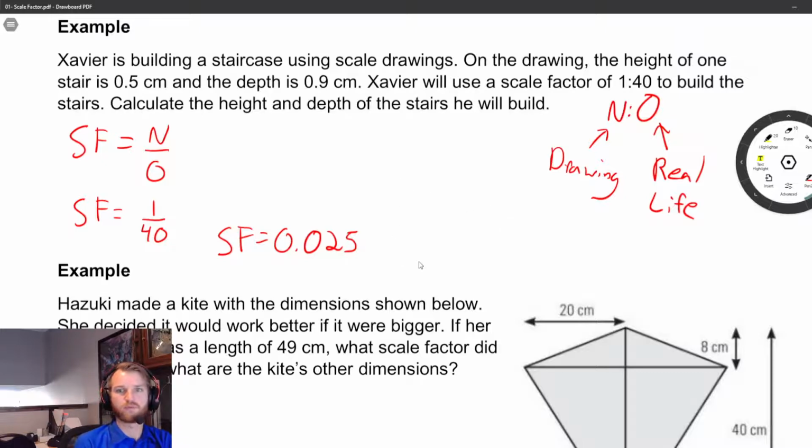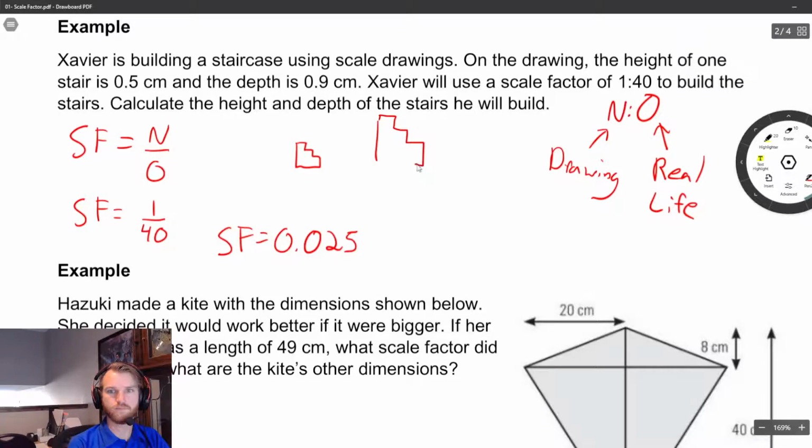But the problem with this is that, let me give a tiny version of a staircase here, and here's the real life big version. Now, this one is our original, and this one is our new.